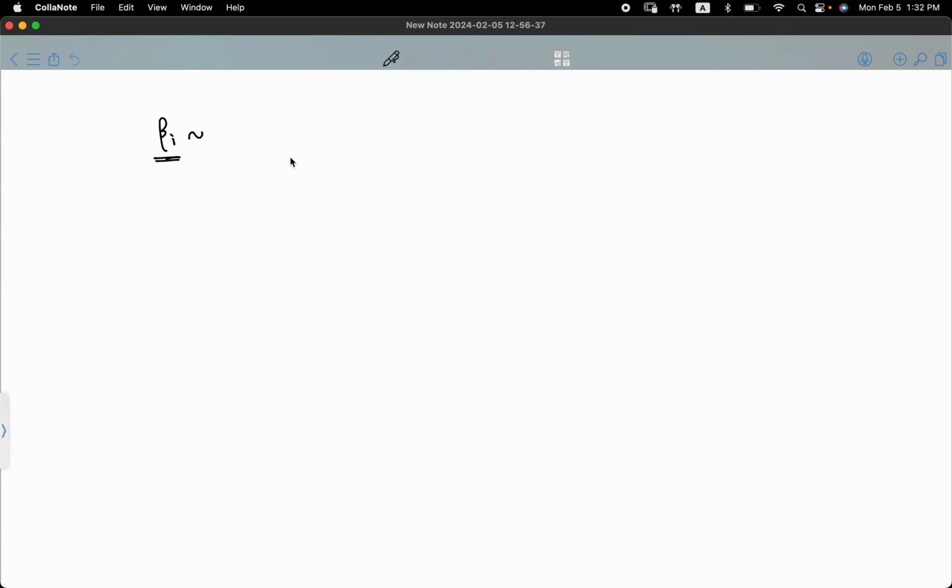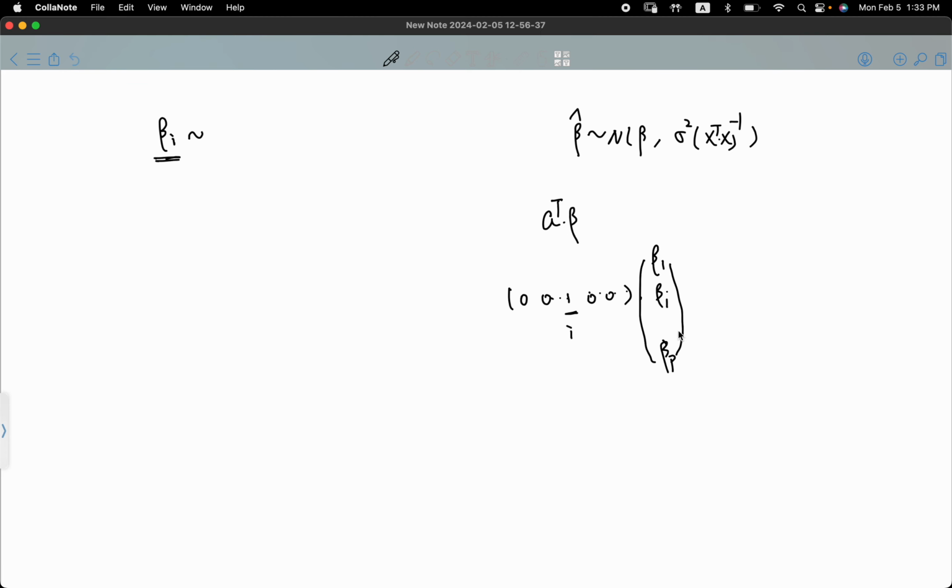First of all, we need to note that beta hat follows a normal distribution with that covariance. Here we're just going to use a vector which is all zeros except that the ith index is a 1, multiplied by beta 1 to beta i to beta p. So this will give us beta i.